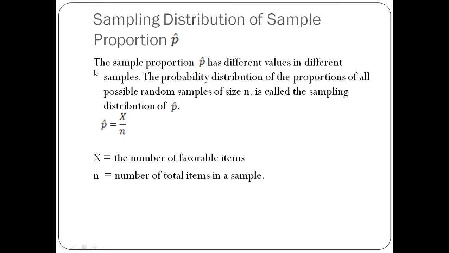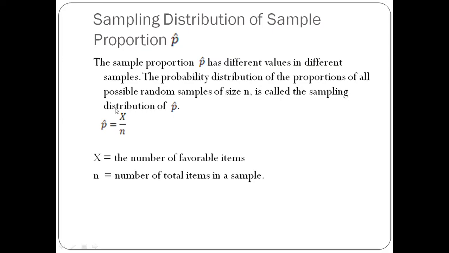So let's read it. The sample proportion has different values in different samples. The probability distribution of the proportions of all possible random samples of size n is called the sampling distribution of proportion, that is represented by p cap.